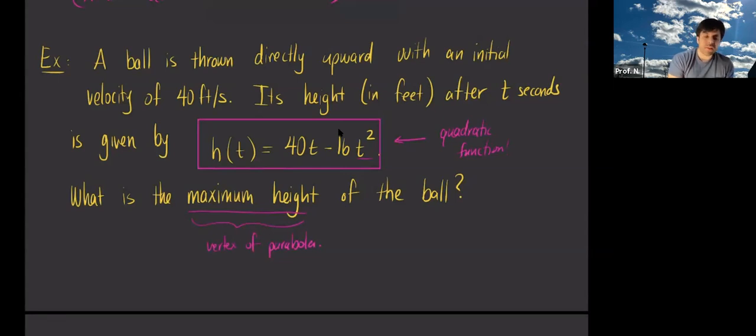So I want to find the vertex. Now, how do I find the vertex? And before I ask that, the quadratic function that I'm given, is this function in standard form or is this function in general form? Which of the two?